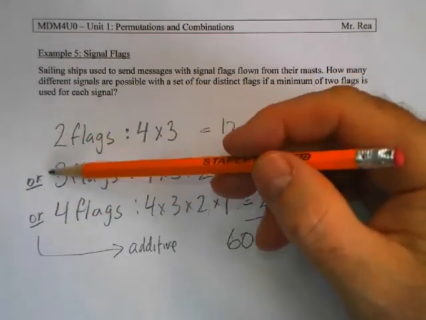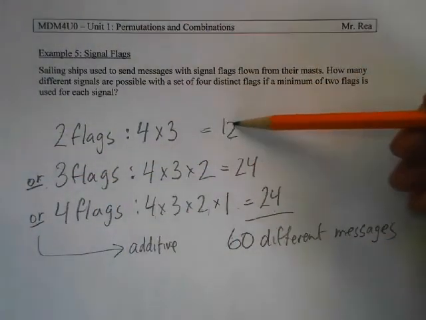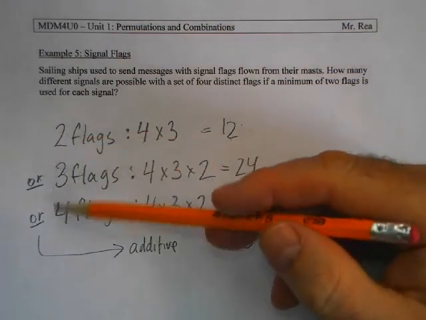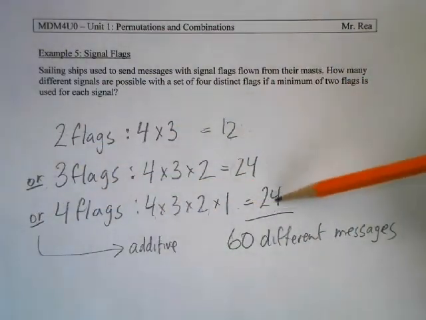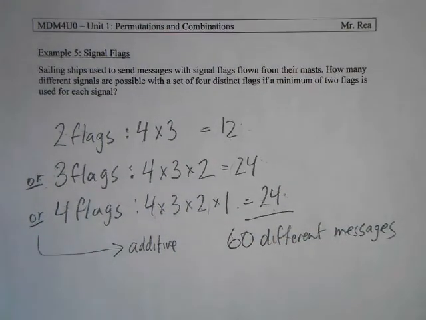It's one or the other. So this is where the additive principle comes in. You have your 3 different cases that you've used the multiplicative principle for, and then you choose one of these 3 things. So that means you're adding up the combinations for each. So you have 60 different messages.